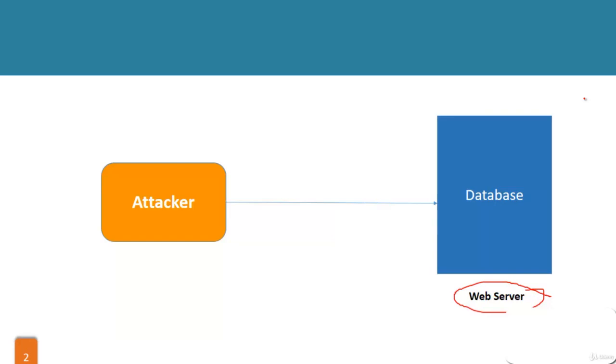I want to send some malicious content to the database, and if the database is not aware that this is malicious content, it will send me the information that I want as an attacker, right? What I want as an attacker: all content of the database, everything stored in the database, mobile numbers, fax numbers, email IDs, addresses, customer names, customer email IDs, everything I need from the database. So that we are going to do in this section.